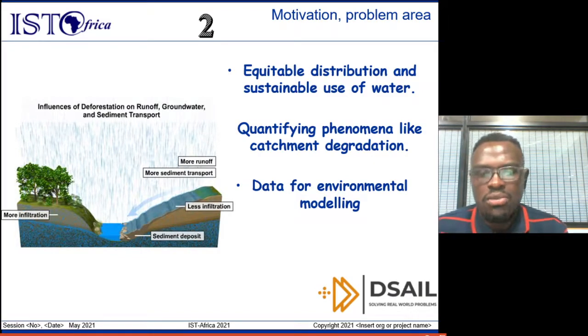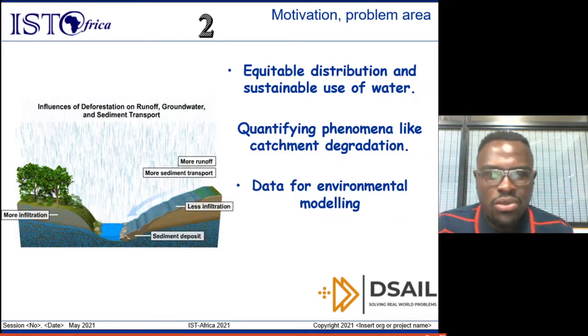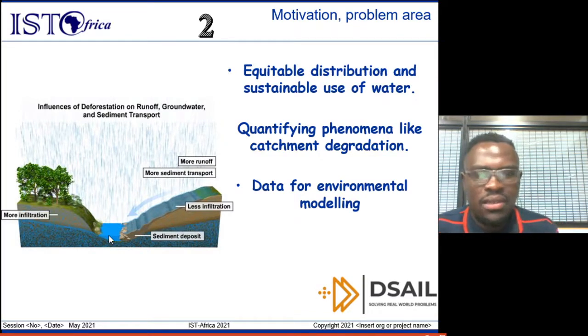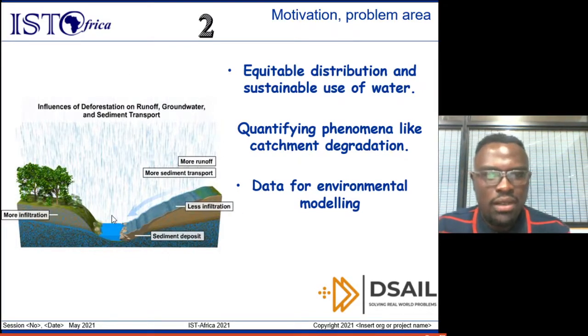When I talk about catchment degradation, I mean degradation caused by human activities or human encroachment into the catchment. When there is runoff due to the land being bare, the water level in the river increases rapidly, and with sensor nodes deployed along the river, you can note that increase as soon as it happens.